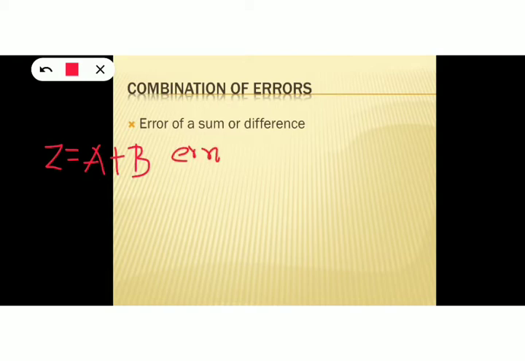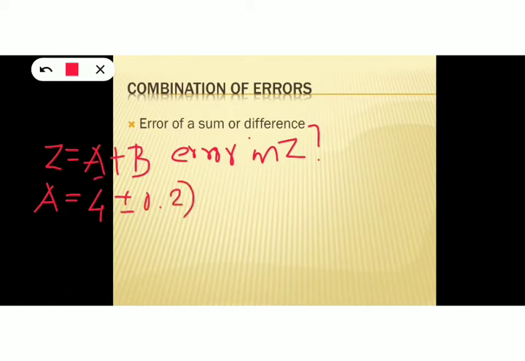What is A? A is 4 plus or minus 0.2, and B is 2 plus or minus 0.1.